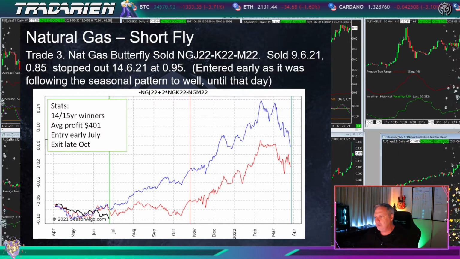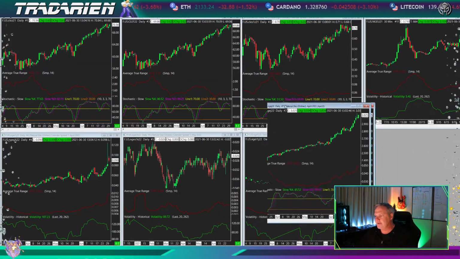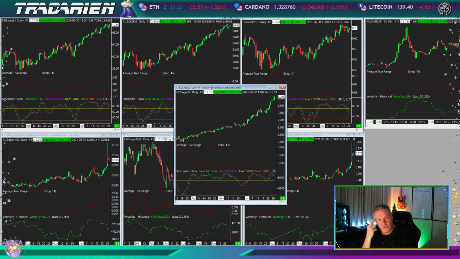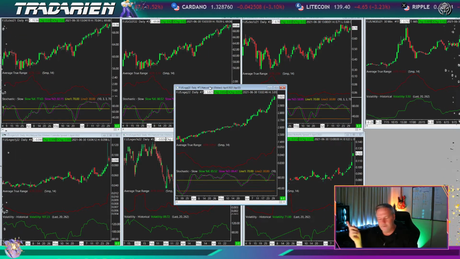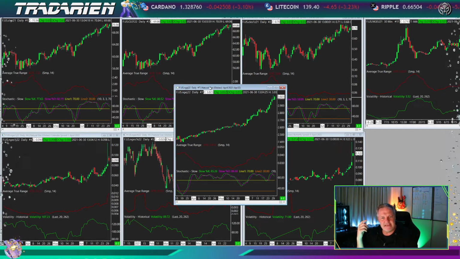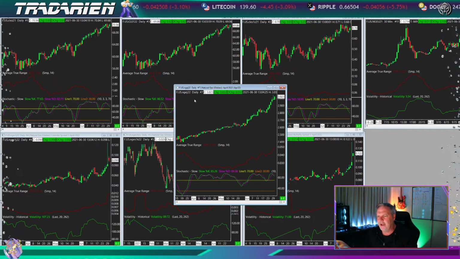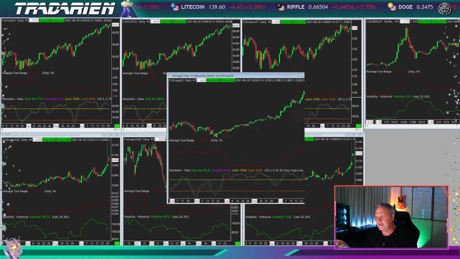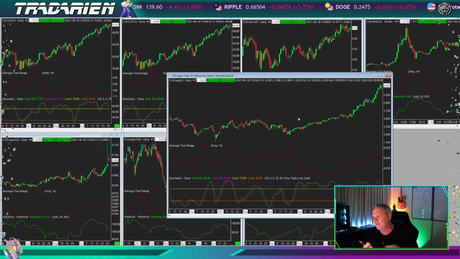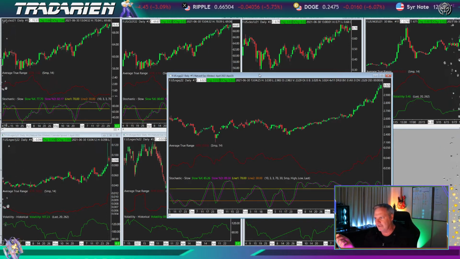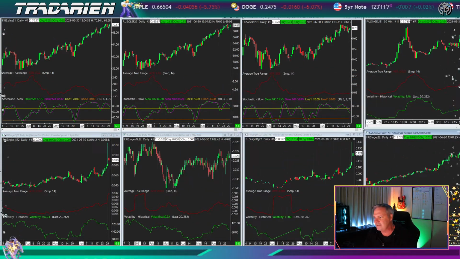So let me get rid of that. Oops, there we go. This is the underlying natural gas. This is the April contract. Now it's June, almost midnight here, but it's now the last day of June 2021. This is April next year. So you can see I can pull up any month. Natural gas trades on monthly expiry, so you can pull up any month and it looks like this, and it is being driven by the current heat wave in the US, as natural gas is often driven by weather.